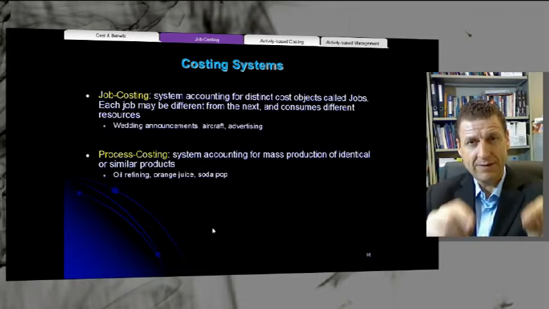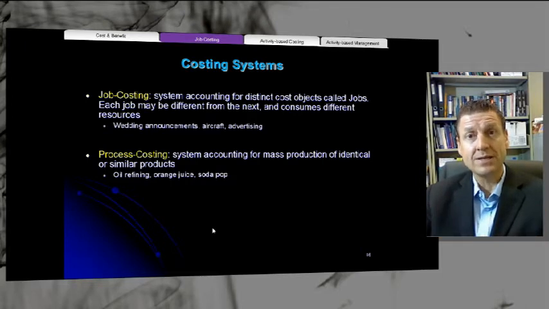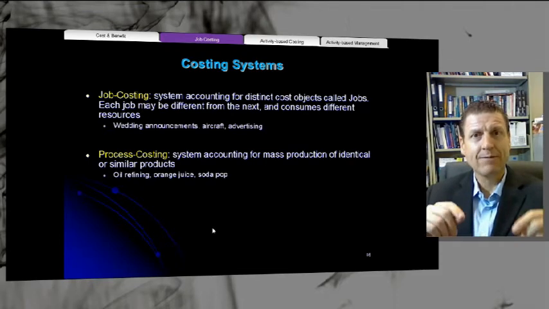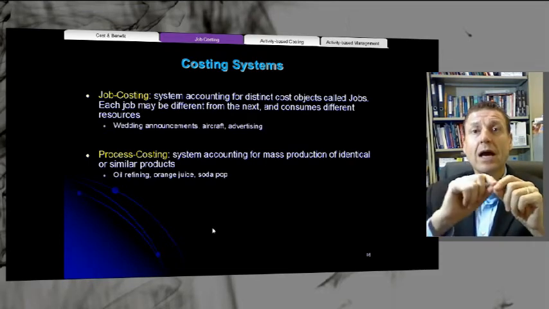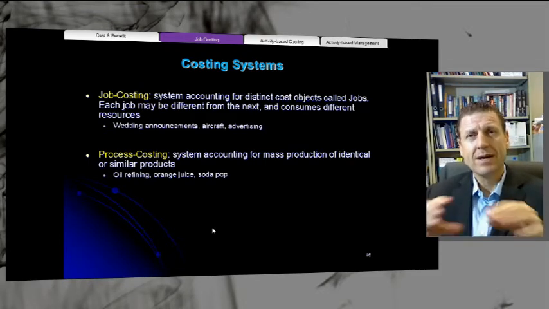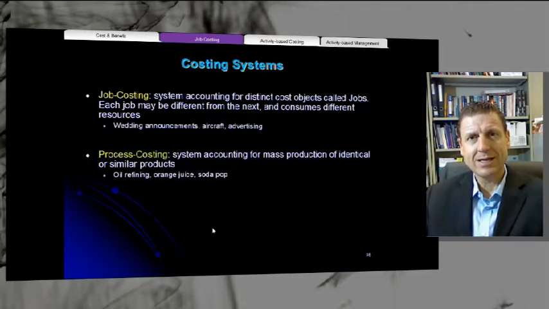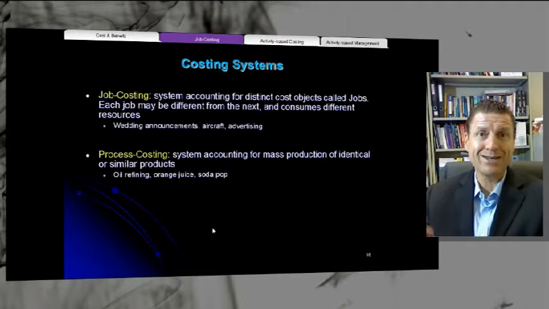This is specifically important: where jobs are different. Under process costing, we have similar products. For example, oil refinery, orange juice, soda pop. These are similar products. Basically, you're making a liquid product. So therefore, you can use process costing to allocate materials, labor and overhead to work out the actual cost per litre, the cost per gallon, or the cost per pint, or the cost per however you measure these things.